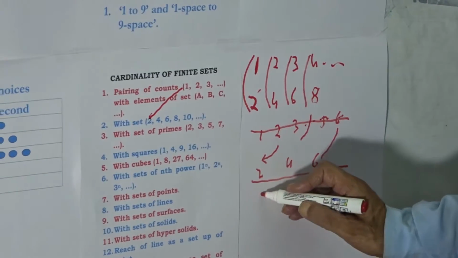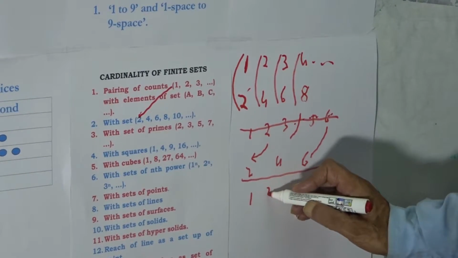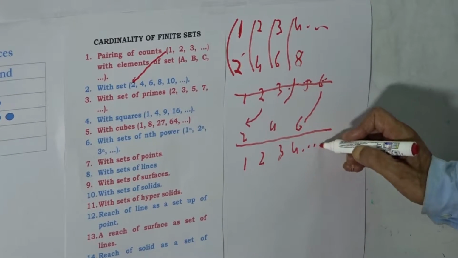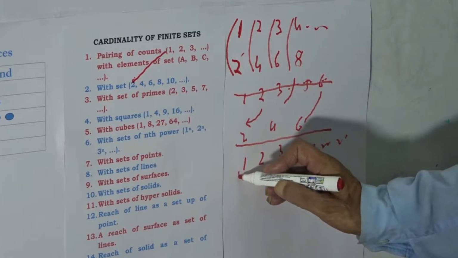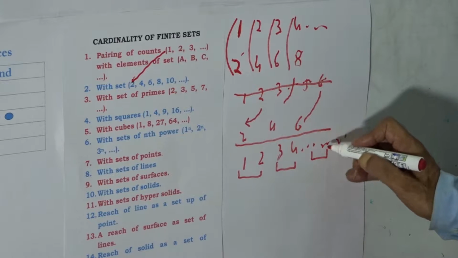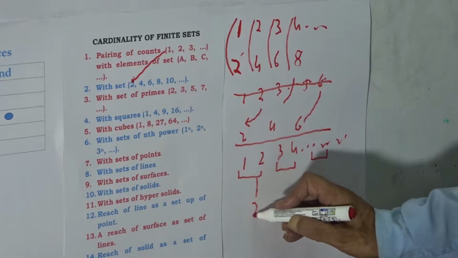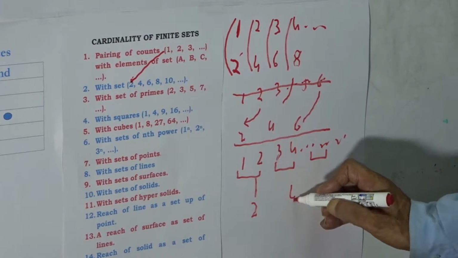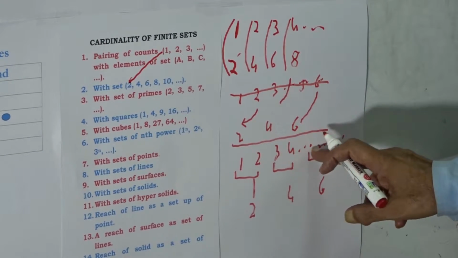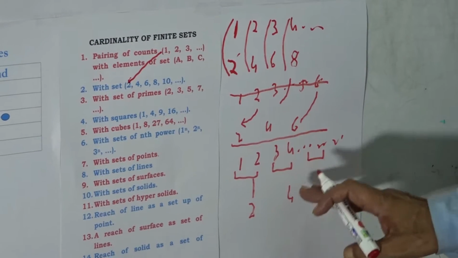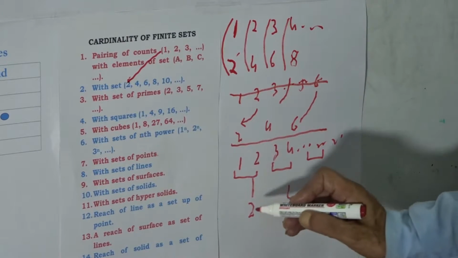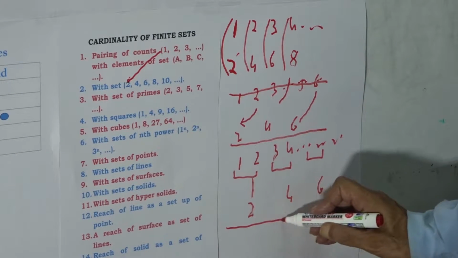It looks like a very strange situation that 1, 2, 3, 4 so and so is equal to half of its elements. So if we pair 1, 2, 3, 4, 5, 6, so on, and if only we take this single out of this pair, then we see that these total numbers and its pairs, so the subset becomes equal to a set. This is a situation which we are not touching at present.